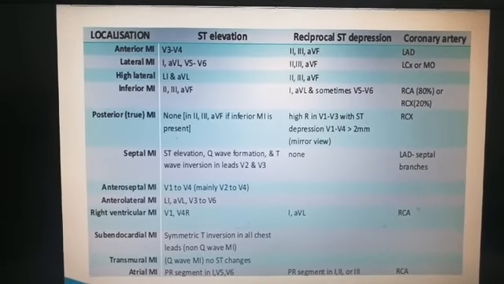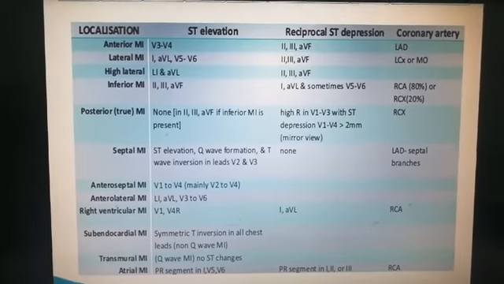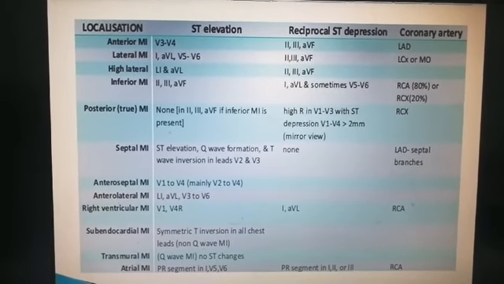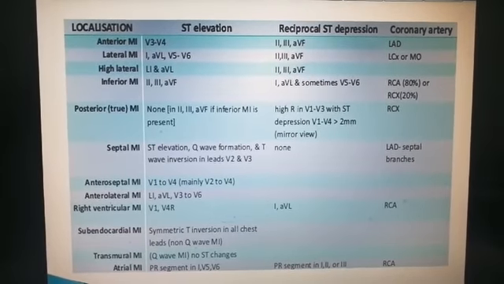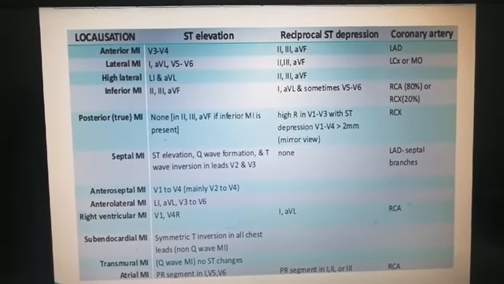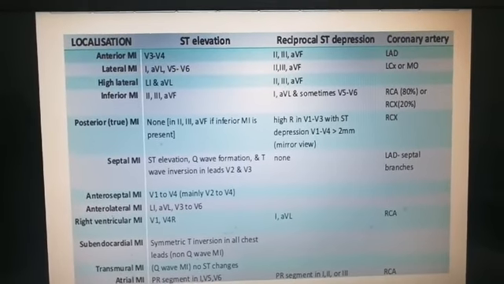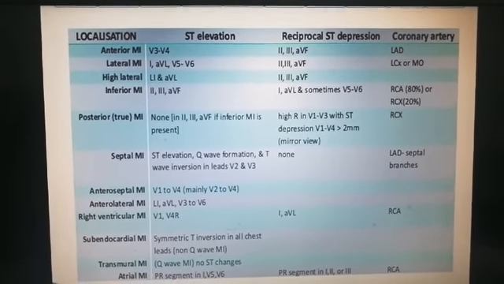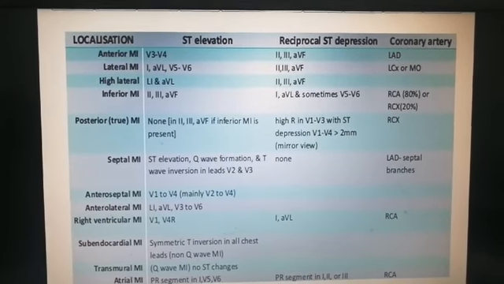So in the anterior wall, V3 and V4 have ST elevation, while 2, 3 AVF have reciprocal ST depression. This is the characteristic of ECG in anterior wall MI.